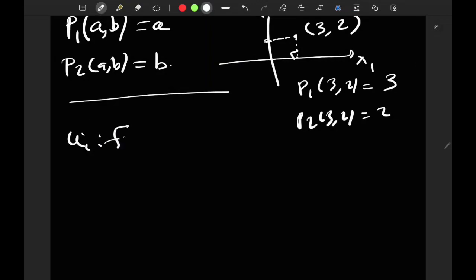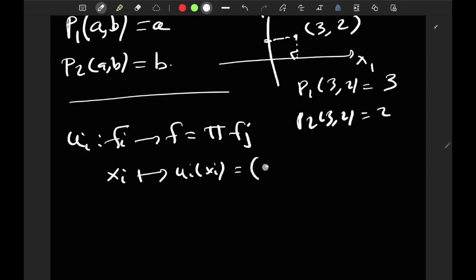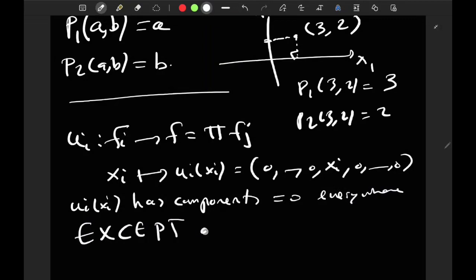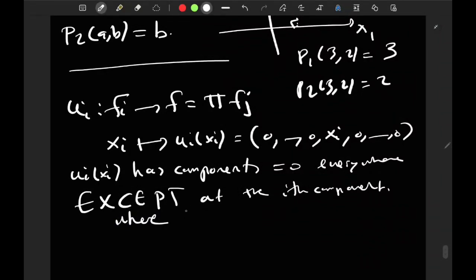It's going from F_i into F, which is the product of the F_j's, taking each x_i to u_i of x_i, the element of the product whose components are equal to 0 everywhere except at the ith component, where it is equal to x_i.